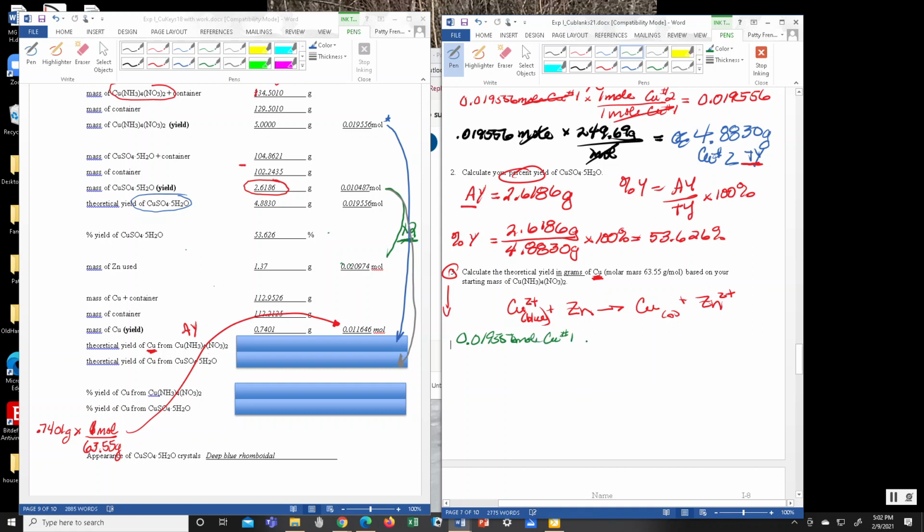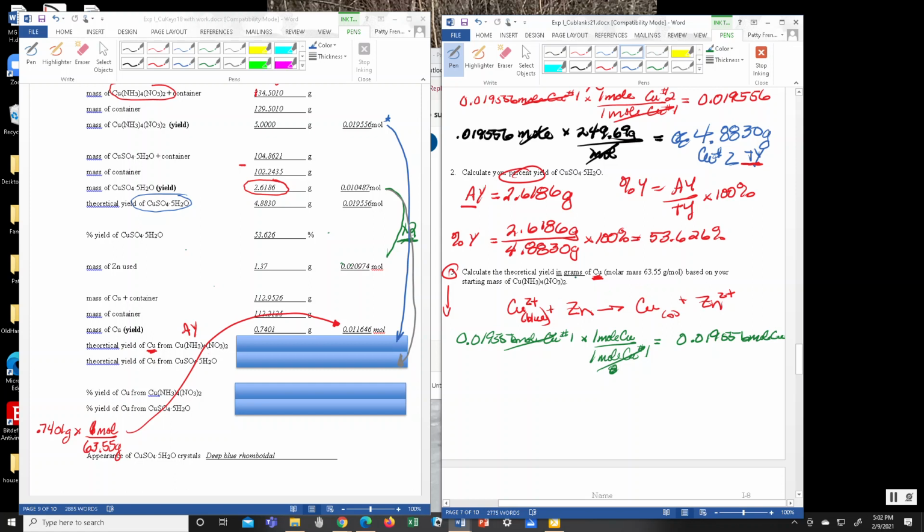Copper tetraamine complex. And remember, we said all of our molar ratios were 1 to 1. So 1 mole of copper metal to 1 mole of copper number 1, or tetraamine. These cancel. And we end up with the same number of moles of copper that we had of copper tetraamine. So that would give us this number right here.